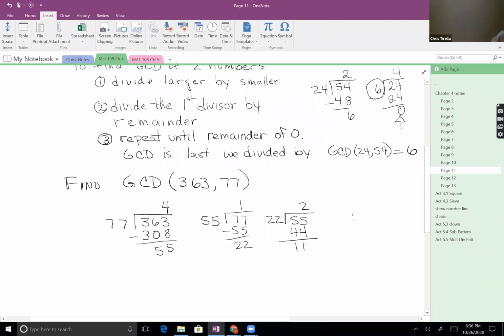Definitely not 0. So I'll take that 22 and divide it by 11, which gives me a remainder of 0, right? Oh, I'm sorry, 22. I got ahead of myself. So since our remainder is 0, we'll say that the greatest common divisor is 11.